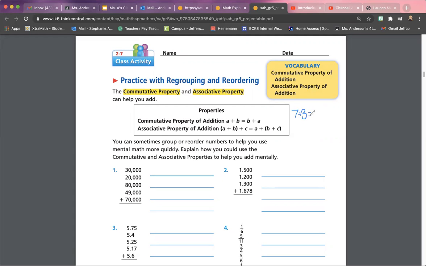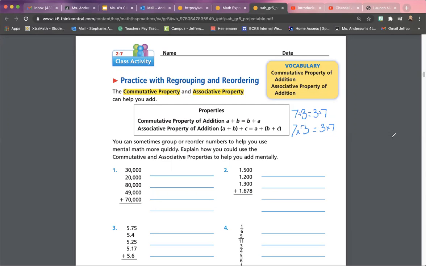Doesn't really matter if we switch them around, either way it's 10. If we go back to maybe third, fourth grade, this might look something like 7 times 3 is the same as 3 times 7. They're both 21. It doesn't matter what order we put them in. So that commutative property is saying that with those fact families or with those groups, it doesn't matter what order your number goes in. It's still going to be the same answer.